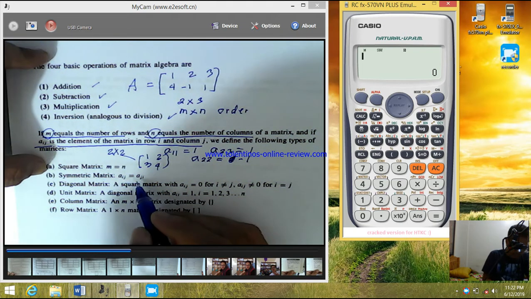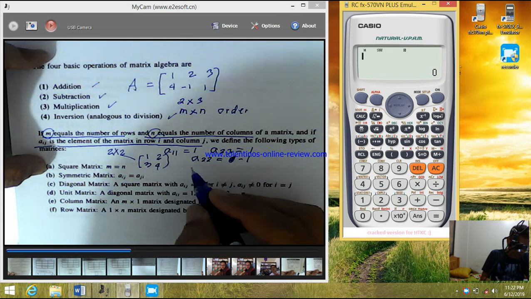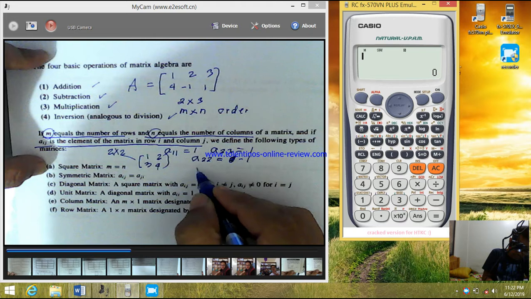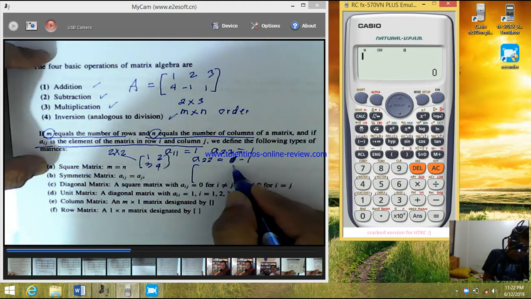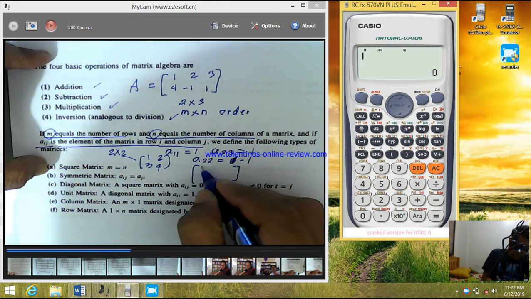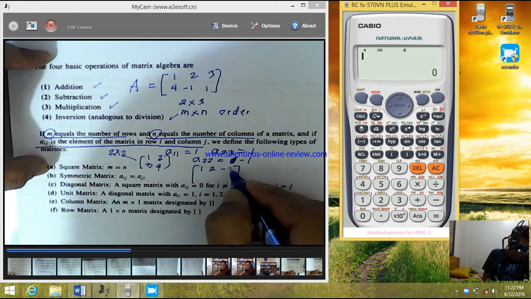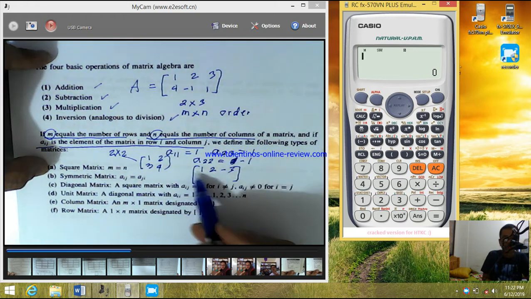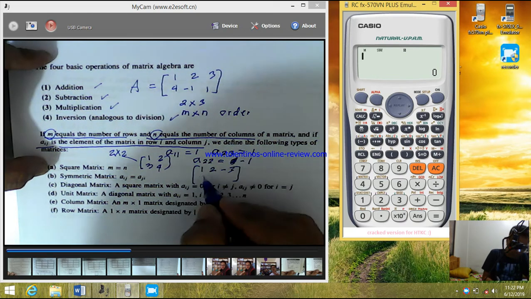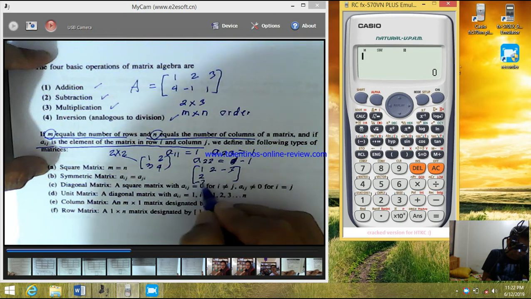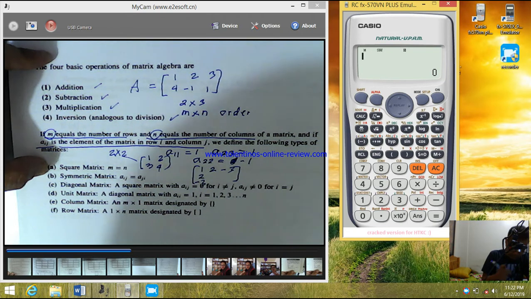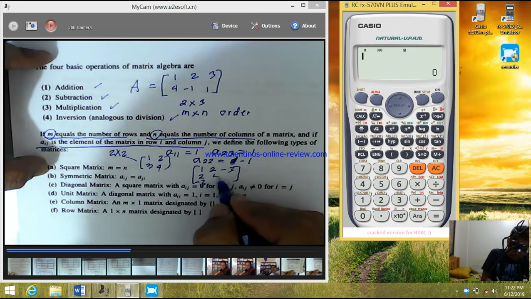A matrix is symmetric if aij is the same as aji. So, ang example nito, let's have a 3 by 3 matrix. Let's have 1, 2, negative 3. Now, yung row niya, pareho ng column niya. So, 1, 2, negative 3 dito. Let's have 2, 4, 7.